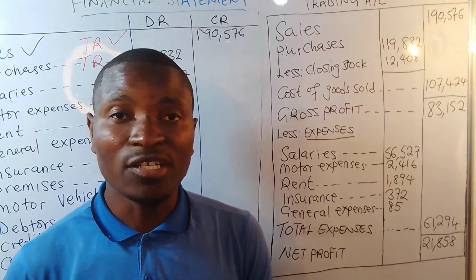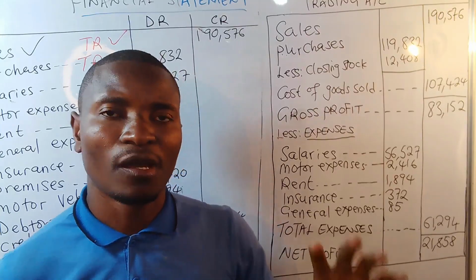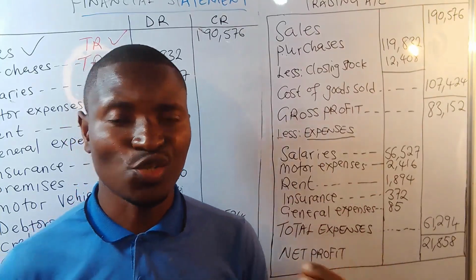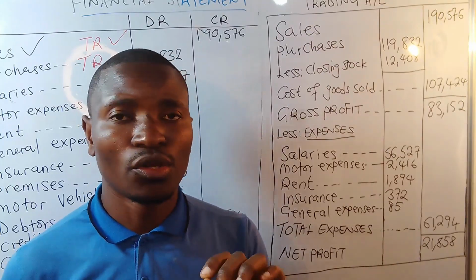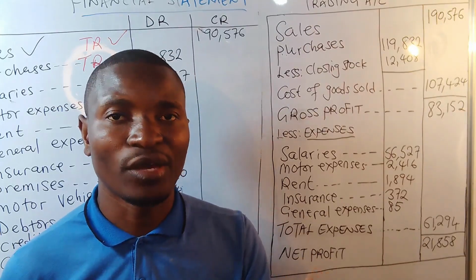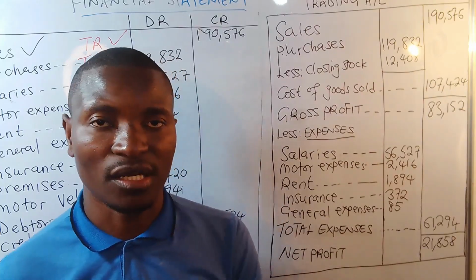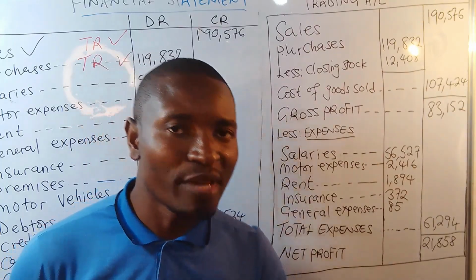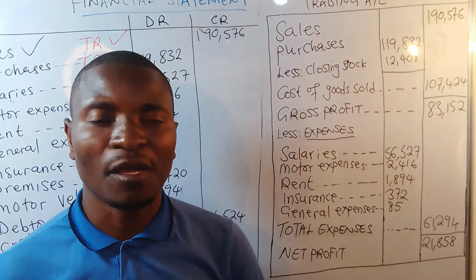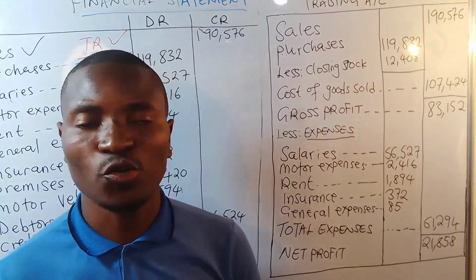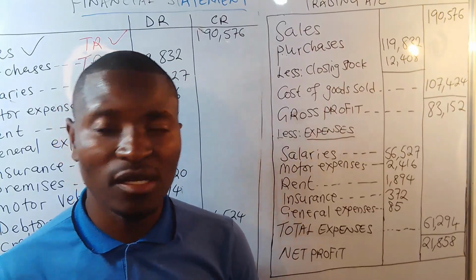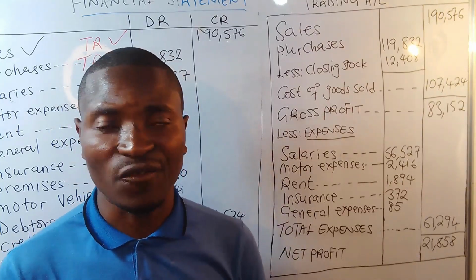Now, I want to remind you that this example is so simple just to help us understand how you can get started when you're preparing the trading profit and loss account. Okay, so you may ask some questions, but where is the opening stock? Where is the returns inward or returns outward, carriage inward or carriage outward? Where are some bad debts and stuff like that?